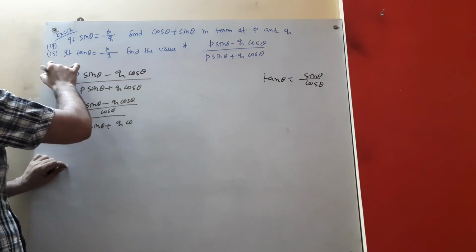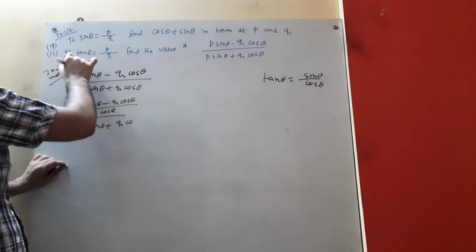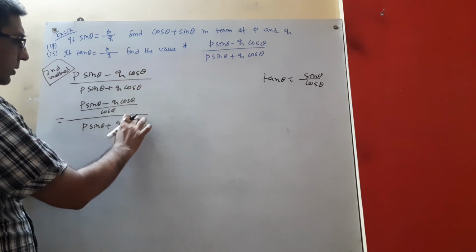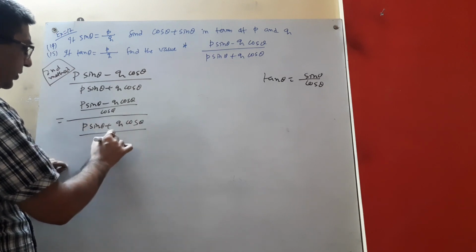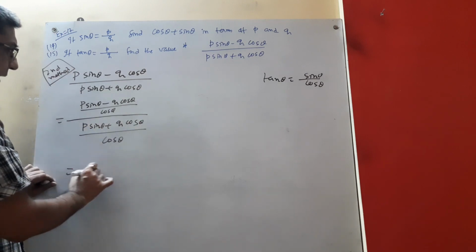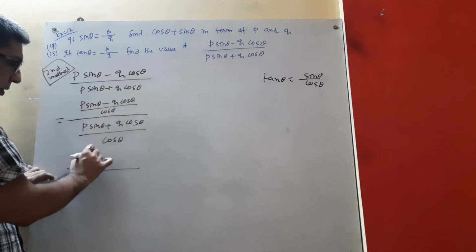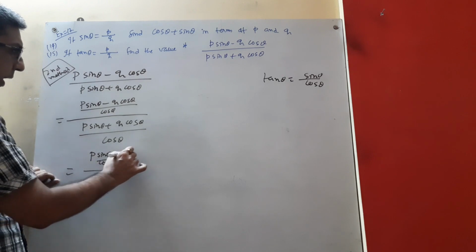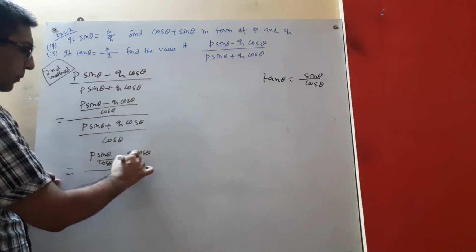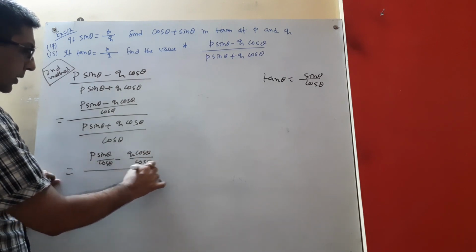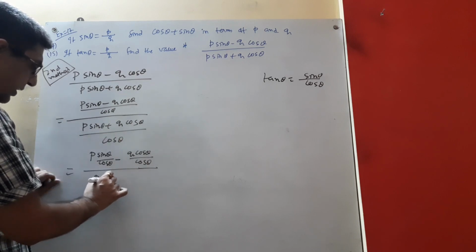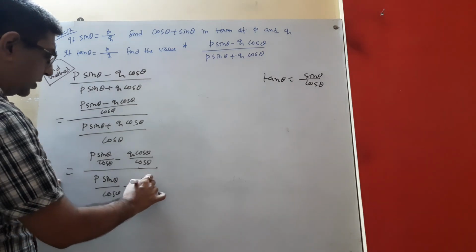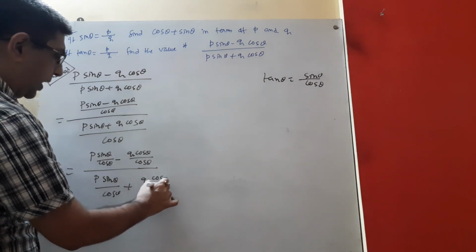This is the second method; any method you can use, whatever you like. So we are getting P sin theta by cos theta minus Q cos theta by cos theta, and this is P sin theta by cos theta plus Q cos theta by cos theta.